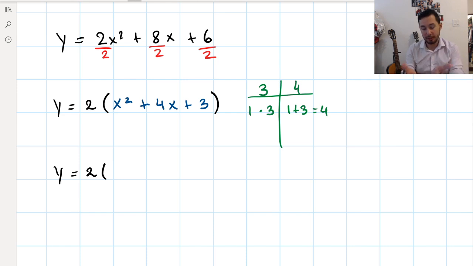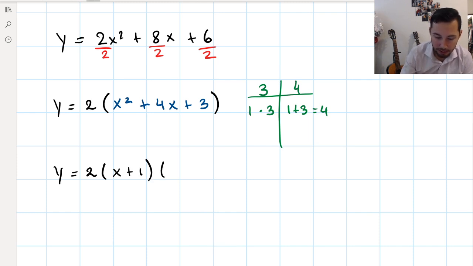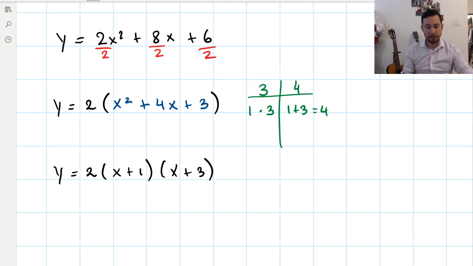Again, that's the only option that I have, so this will be x plus my factors, x plus 1 and x plus 3, and that's it. Well, that's it for factoring. Now in order for me to find the zeros, I need to make sure that my y is equal to 0.